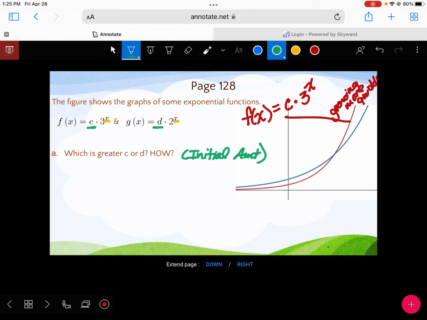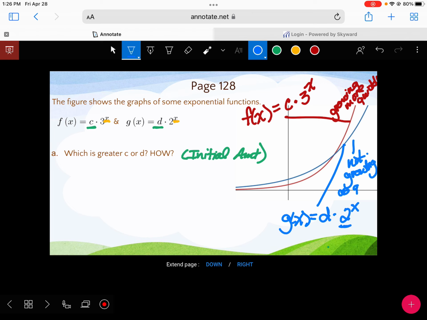Which means the other one in blue is g of x, which is d times 2 to the x power, okay? Because it has a 2, and it's smaller than 3, it's not growing as quickly. So you should just be able to figure that out by looking at them.